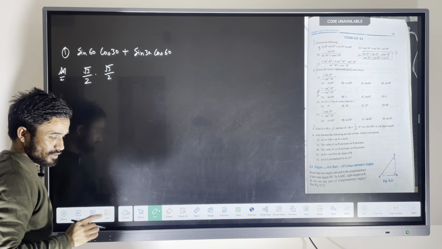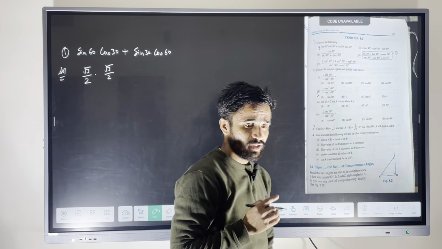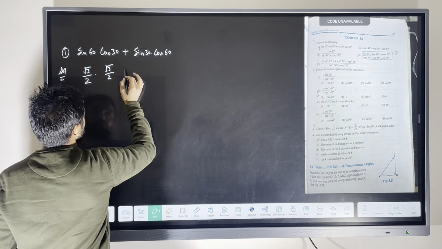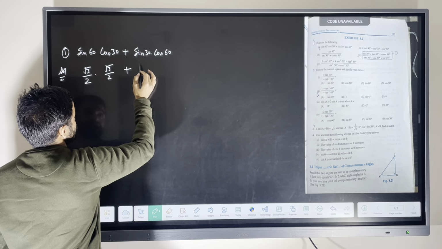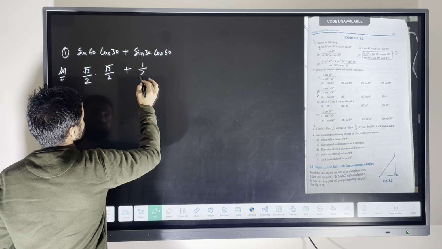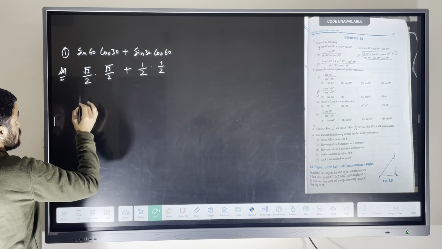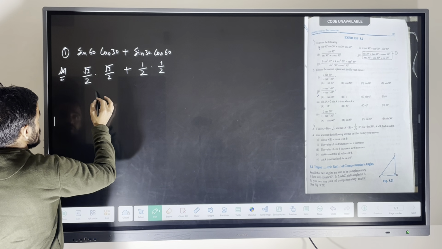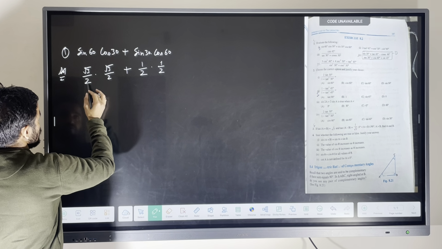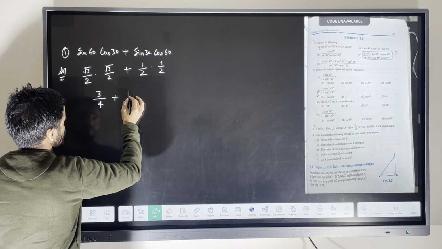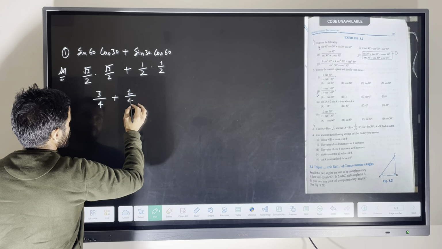As you know, sine 60 and cos 30 have the same value, that is root 3 by 2. Now this plus sine 30, 1 by 2, and cos 60 is also 1 by 2. So this will be root 3 into root 3 will be 3, 2 into 2 will be 4, plus 1 into 1 will be 1 and 2 upon 2 will be 4.